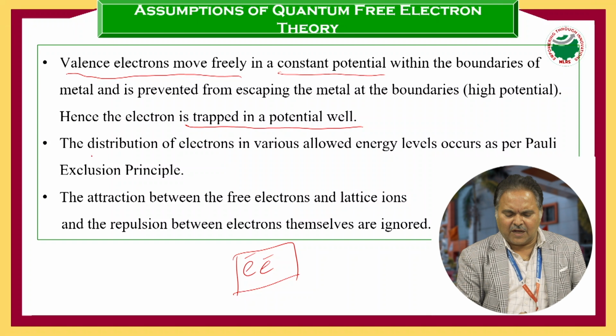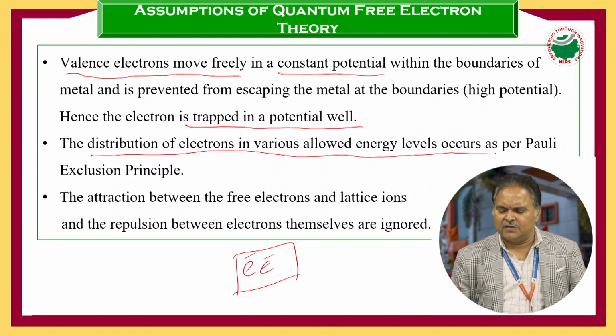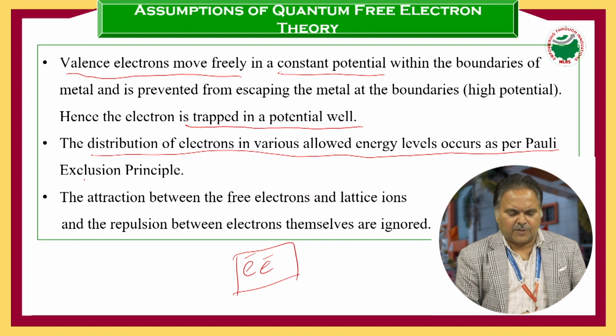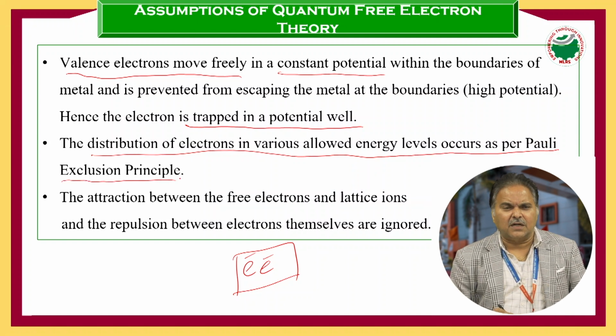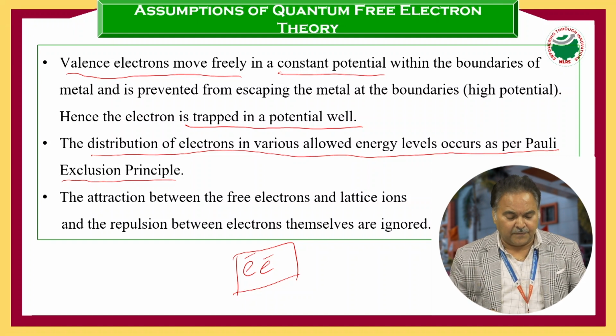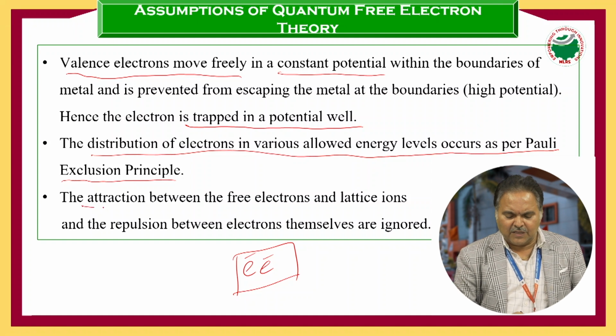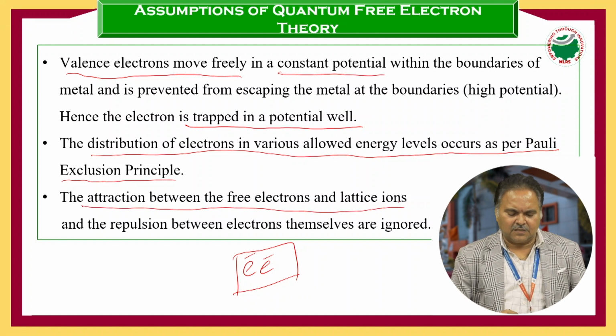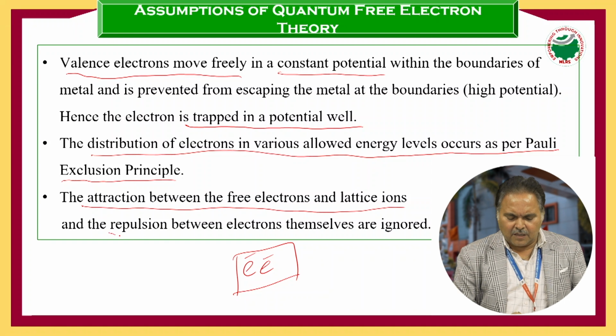The distribution of electrons in various allowed energy levels is according to the Pauli exclusion principle. The Pauli exclusion principle tells that in each cell there will be only two electrons, one up and another one down. So the energy levels depend on the electrons, how they are arranged. Then there is the attraction between the free electrons and lattice ions, and there will be repulsion also.